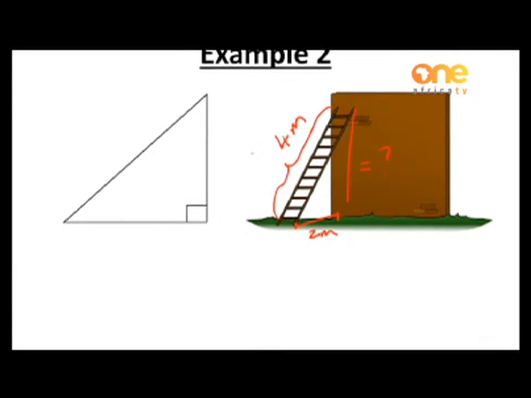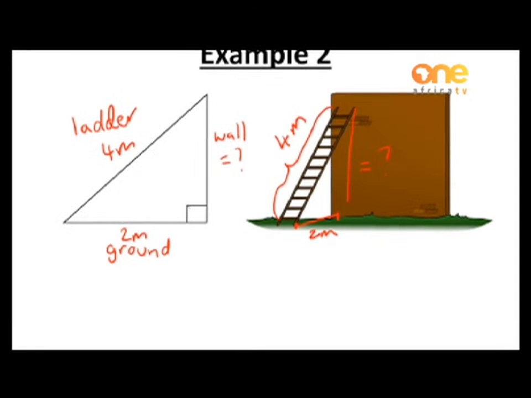Composing this into a triangle, which is easier to work with, this would be the wall, and it would be our unknown. This would be the ground, and it would be 2 meters, and this would be our ladder, and it would be 4 meters.